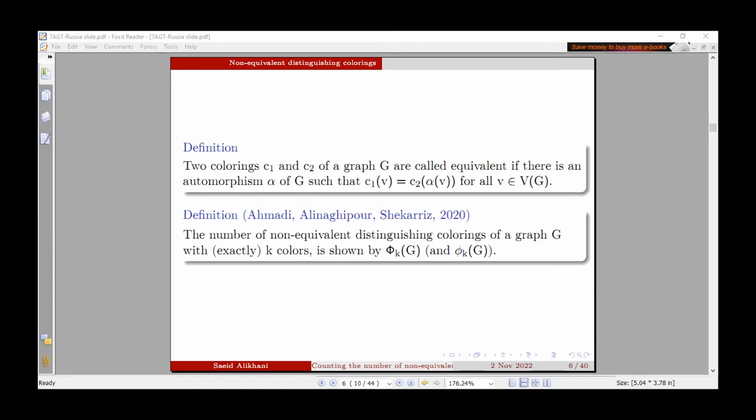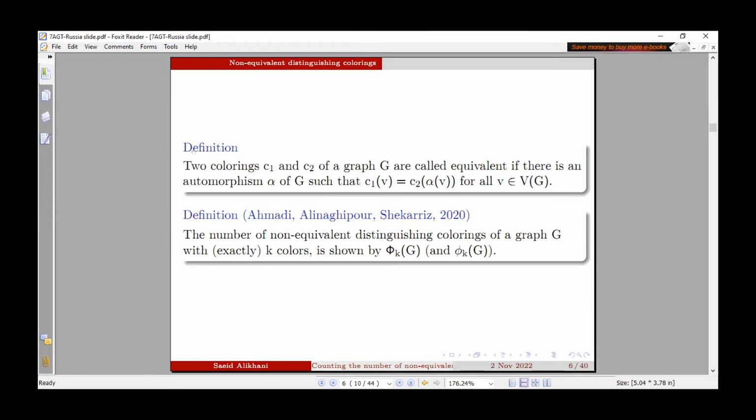So I asked this question, I think for the first time, whether it is true that we have a similar polynomial for distinguishing colorings or not. But then after that, we checked that it is not very easy to answer this question, but I would like to say something about this subject here.